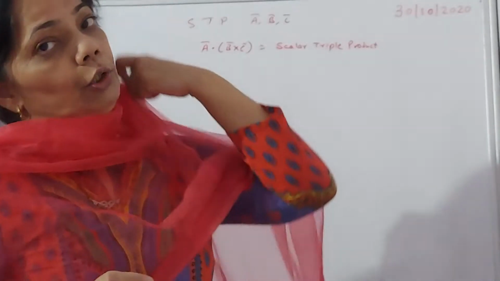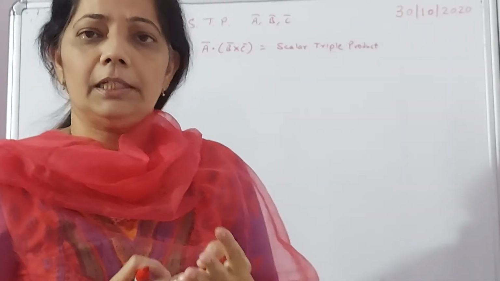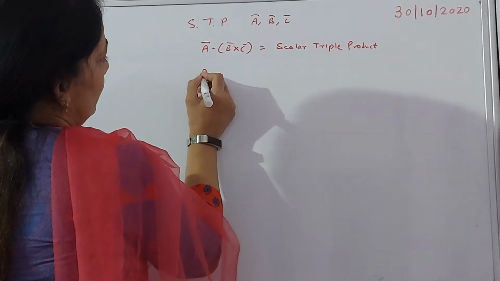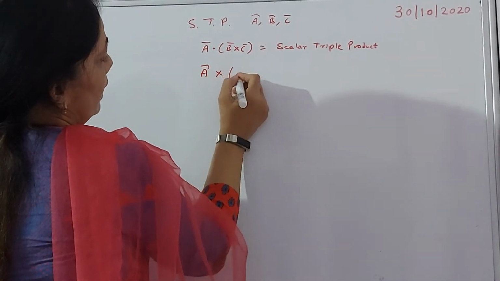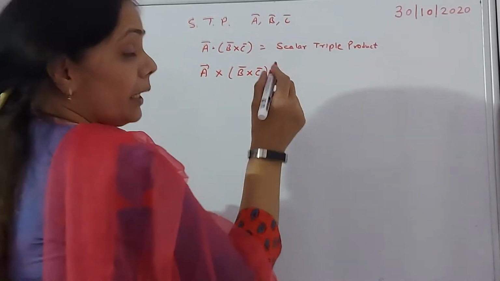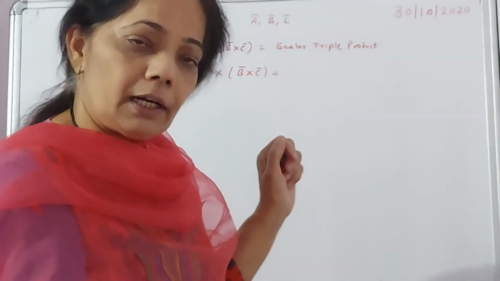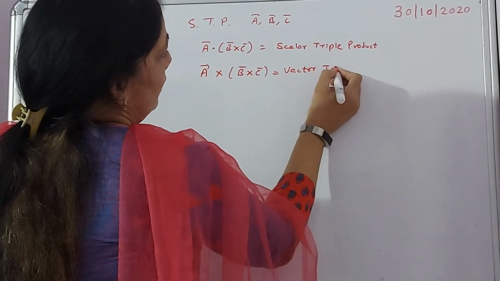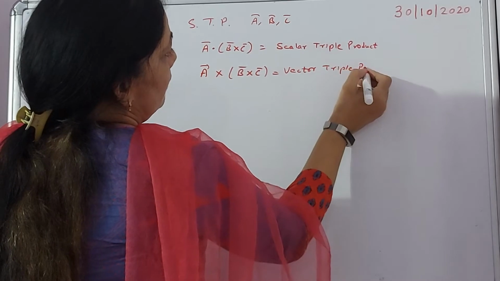Now when you have three vectors, again A, B, C, you say that the cross product of one vector with the cross product of the remaining two vectors gives me a vector again, which is called a vector triple product.